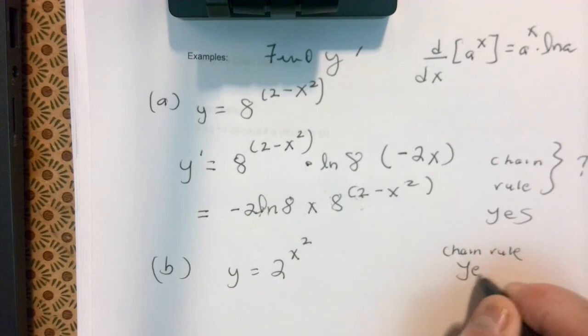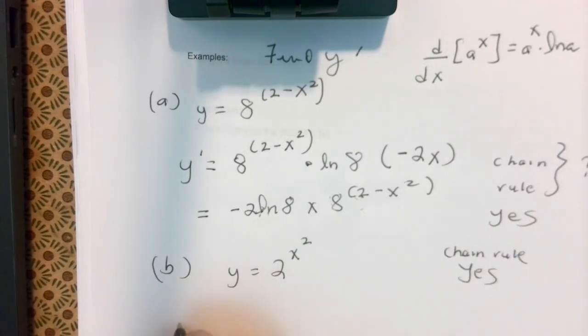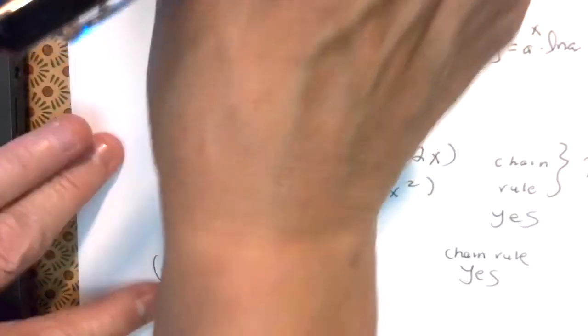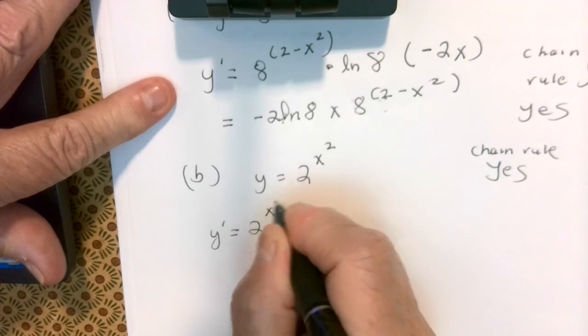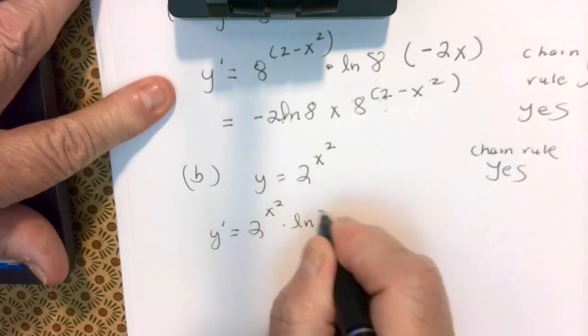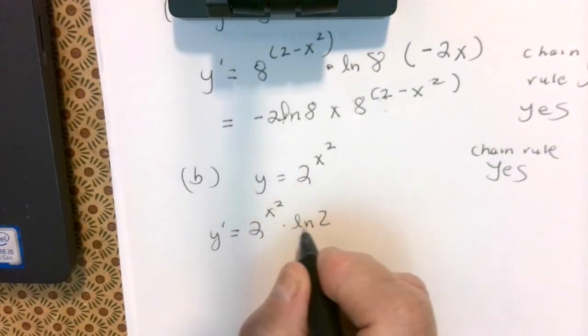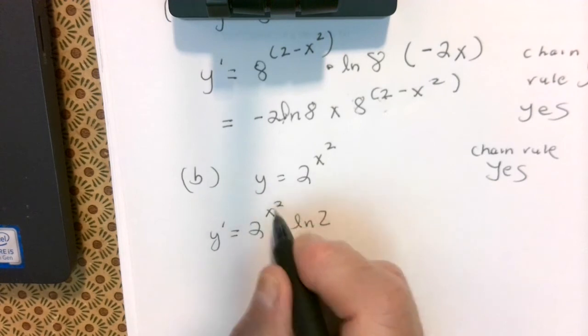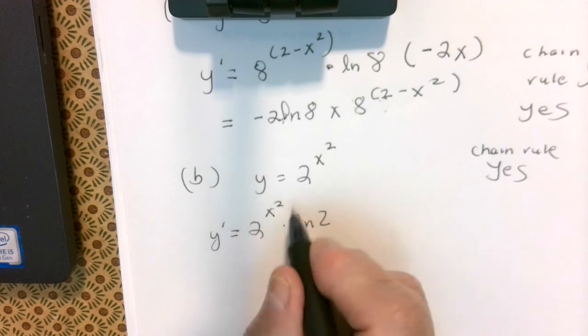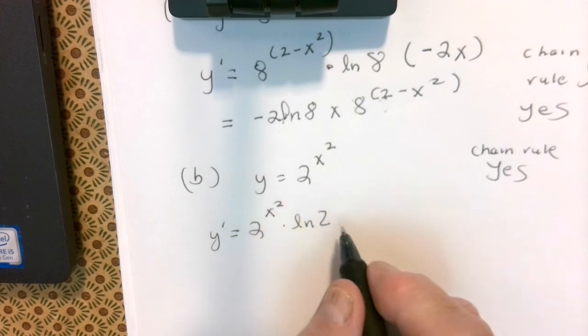So we're going to go y prime equals 2 to the x squared times natural log of 2. So that's the derivative of the outside function, because forget that that's x squared up there, it's the base raised to the whatever times the natural log of 2.